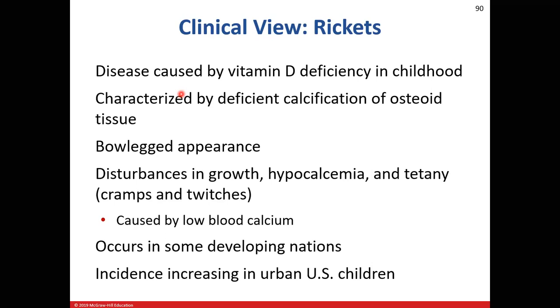We are oftentimes going to see this occur in some of our developing nations where nutrition isn't quite as significant. And we have started to see an incidence that's increasing in some urban U.S. children, again, as certain conditions are met, and we start to see maybe a decrease in nutritional components that some of these children are getting at a younger age.